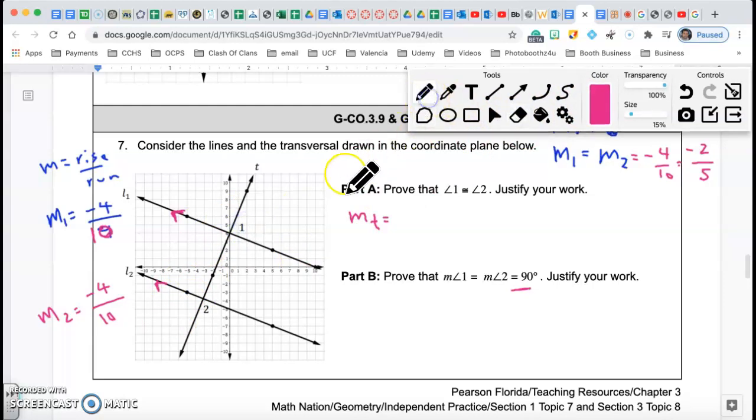Let me get 2 points. Okay, 2 points. I'm gonna go from here to here. I'm gonna go 1. This is 9. I go all the way to 9 and 1 more, which is 10. So I'm going down 10. Okay, and that's my rise.